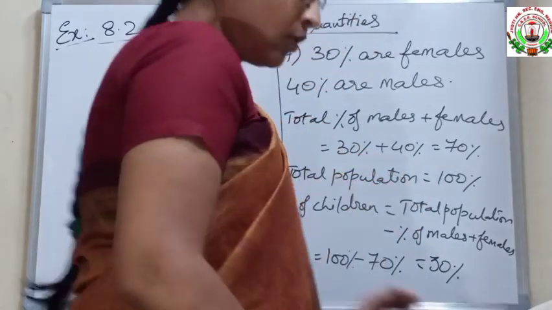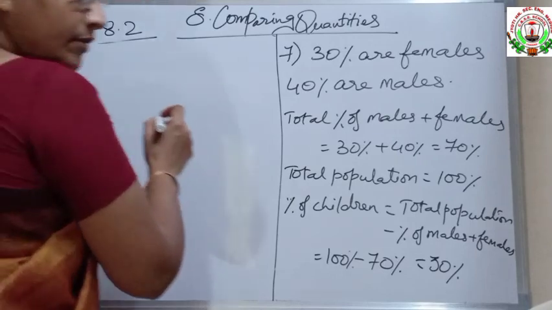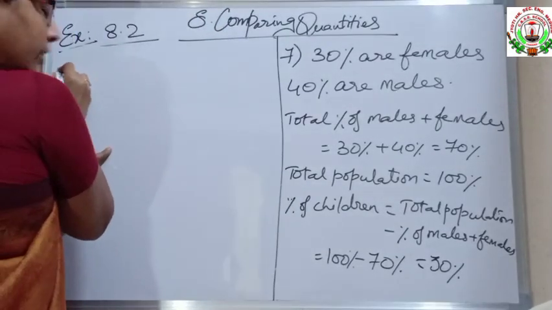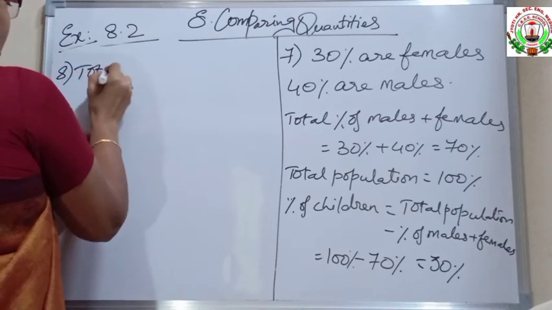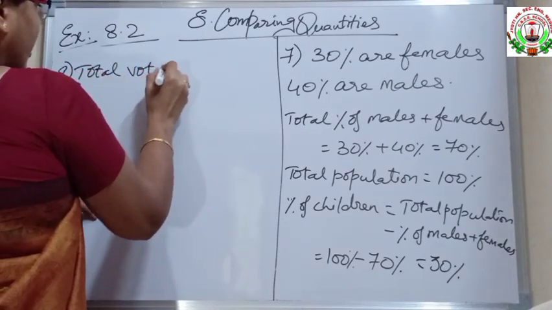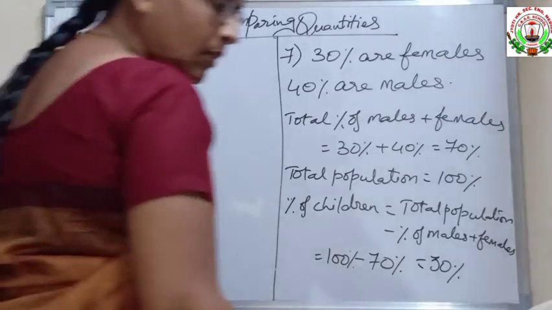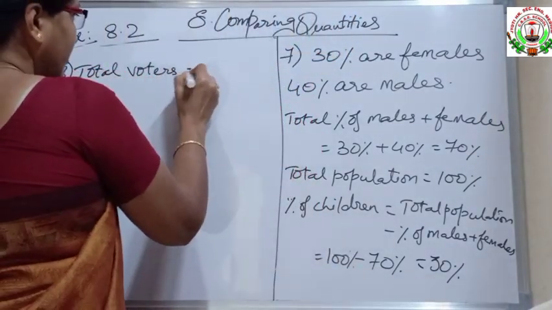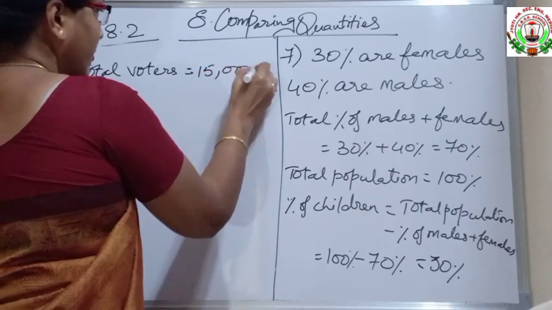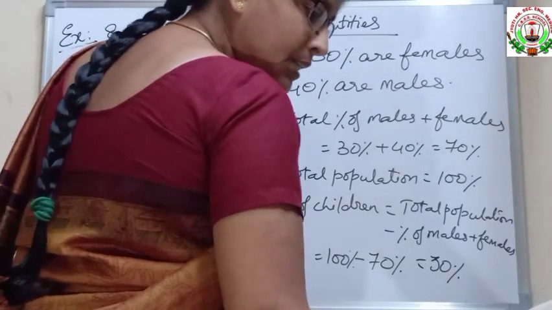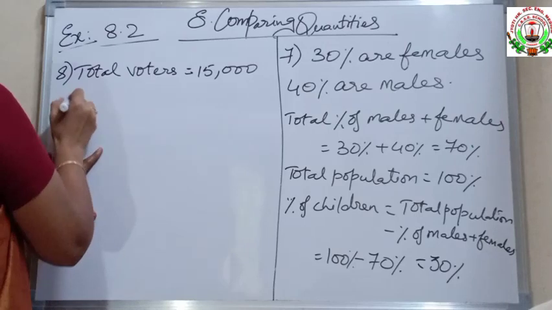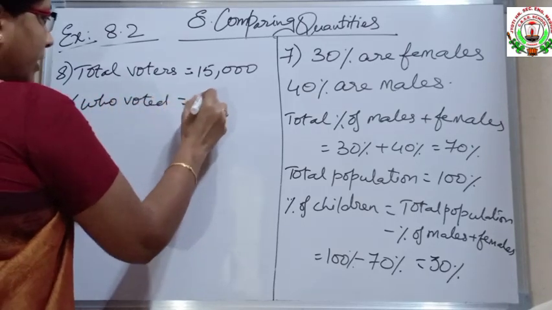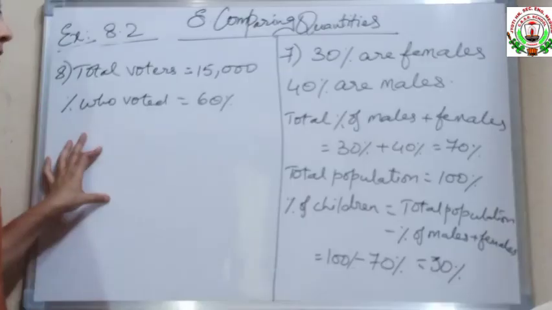Total voters are 15,000. Next, the percent who voted is equal to 60%.